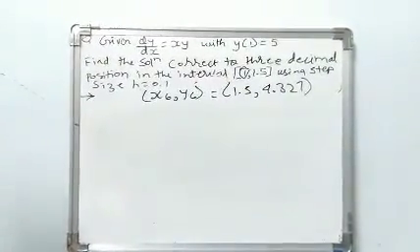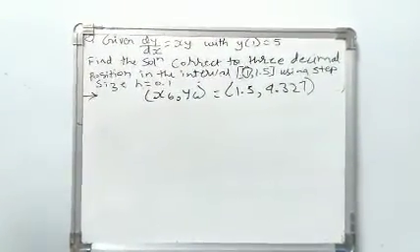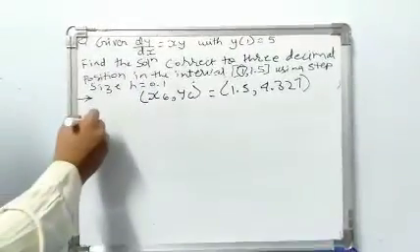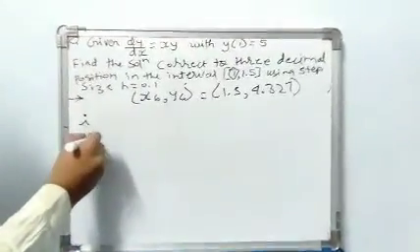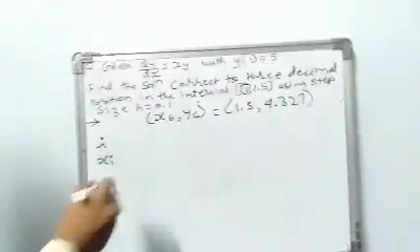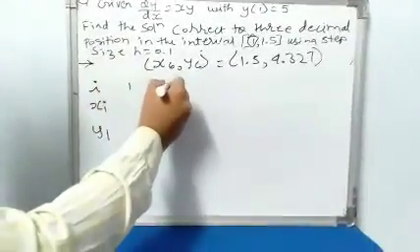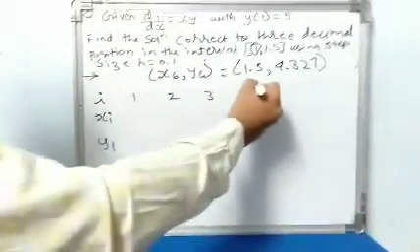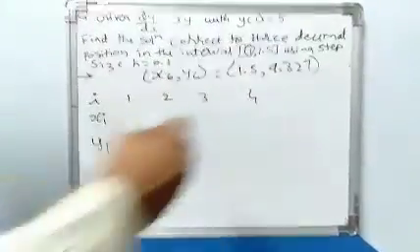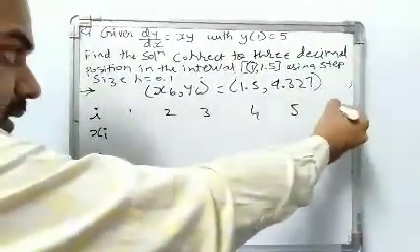So the complete solution of the given differential equation, we can draw a table for that: xi comma yi, with rows 1, 2, 3, 4, 5 and 6.